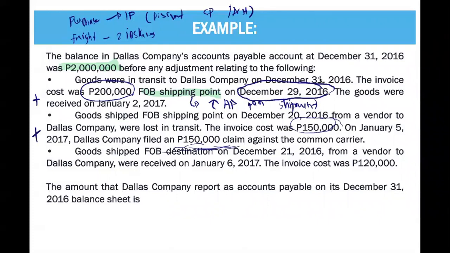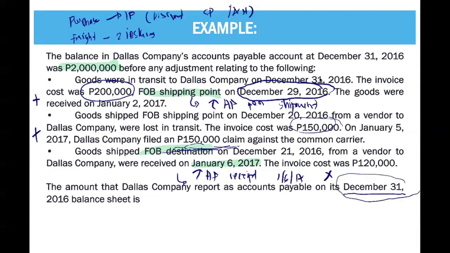Lastly, FOB destination. Goods shipped FOB destination, received January 6. Okay, if it's FOB destination, it will only increase your accounts payable upon receipt. When is your receipt? January 6, 2017. You only receive it on January 6, 2017. And the question is December 31, 2016. Should we include it? Do not include this one. Why?